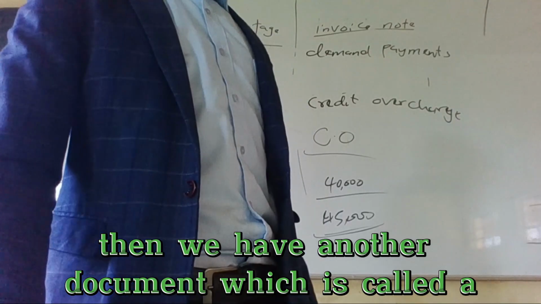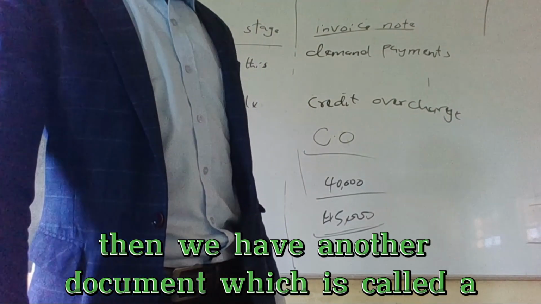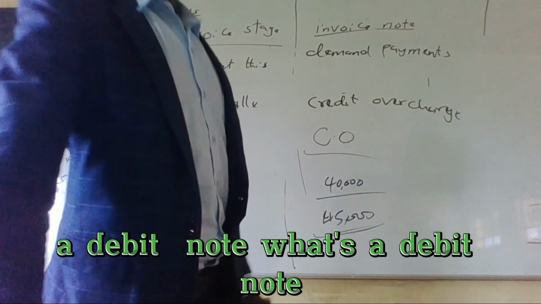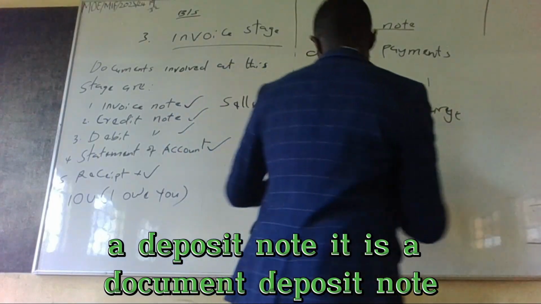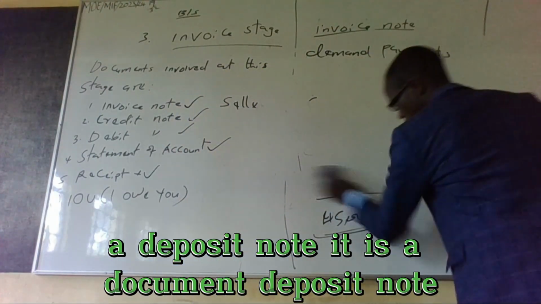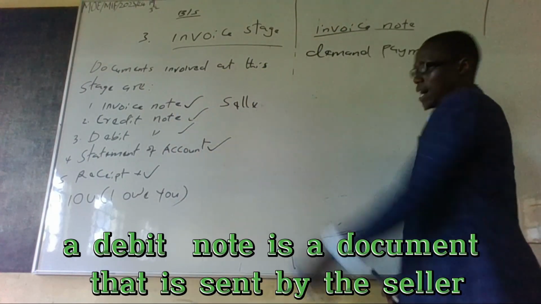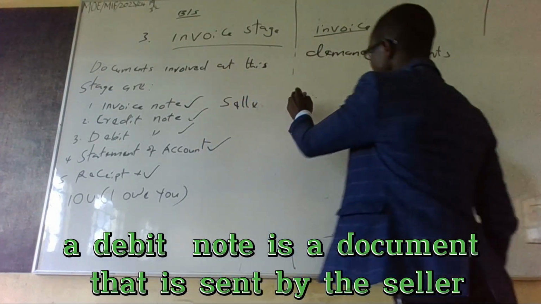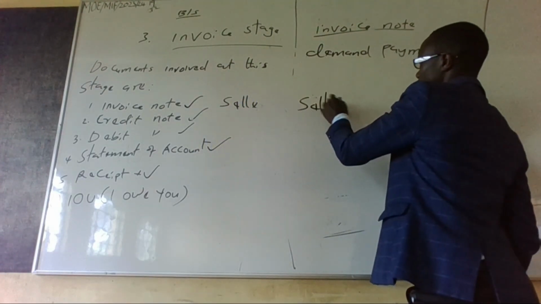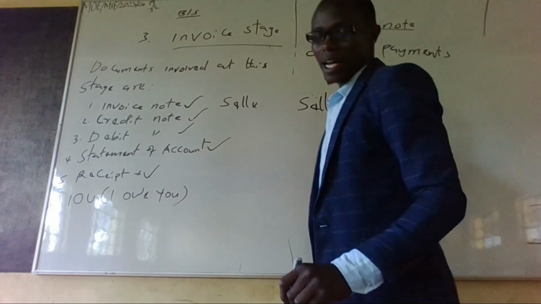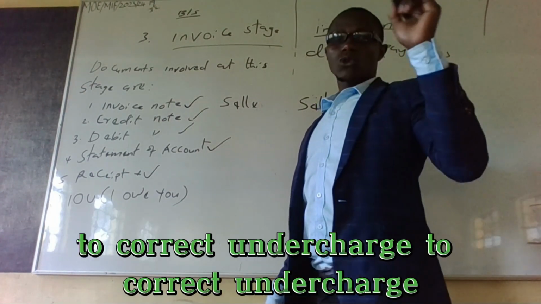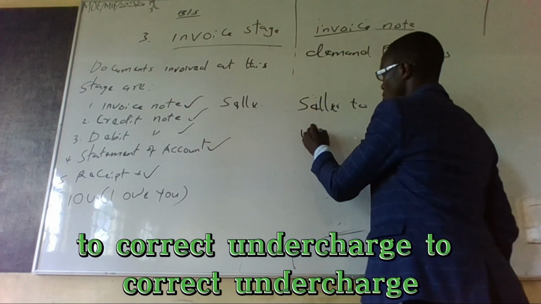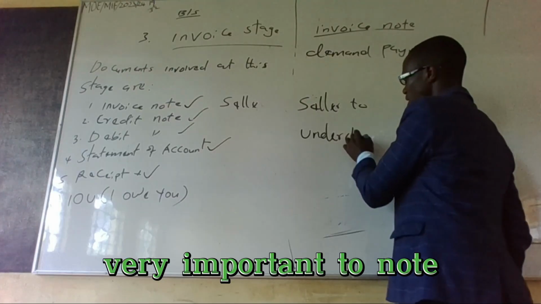Then we have another document which is called a debit note. What's a debit note? A debit note is a document that is sent by the seller to the buyer to correct an undercharge. Very important to note.